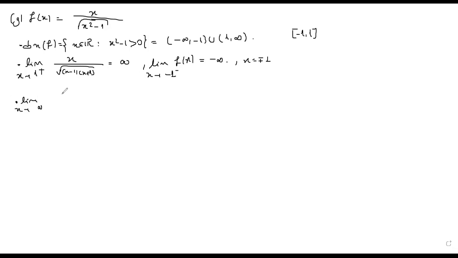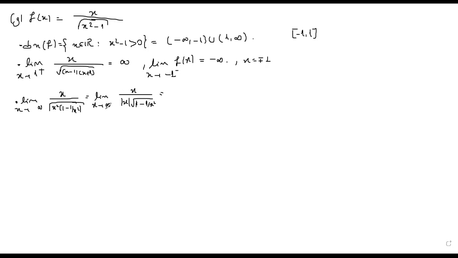So we have this one. We have this function. So I will rewrite this denominator in this form, in the parentheses of x squared, so we have 1 minus 1 over x squared. Okay. Now what do we have? We can rewrite it in this form. I can write this x squared outside of the square root, so it will be absolute value of x, and in the square root we have 1 minus 1 over x squared.